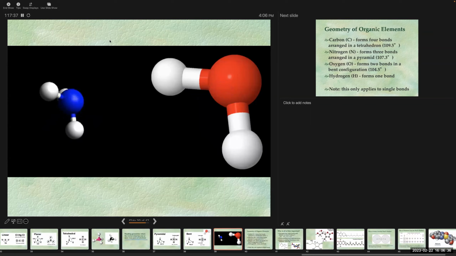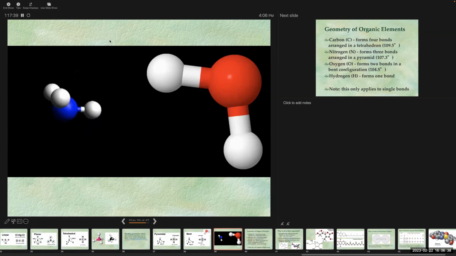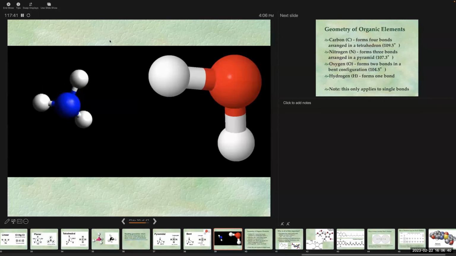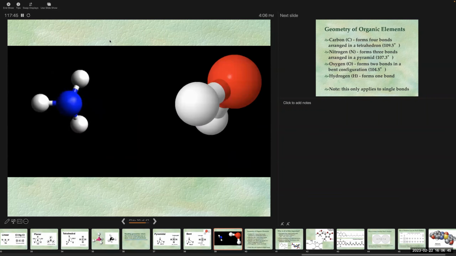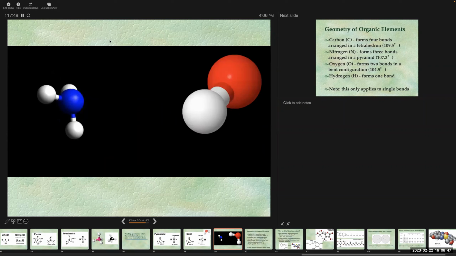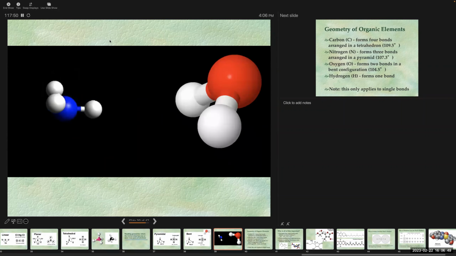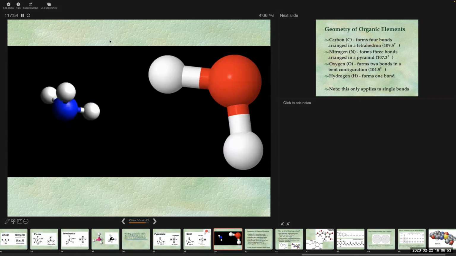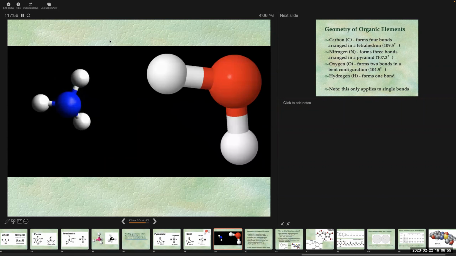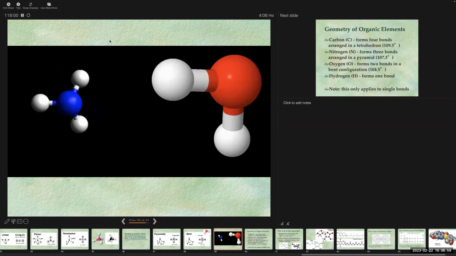I prefer to think of it as like a camera sitting on a tripod. The nitrogen atom is the camera, and the 3 hydrogens are the legs of the tripod. But the lone pair up at the top is pushing harder, so it's kind of like it's squeezing the legs of the tripod closer together.